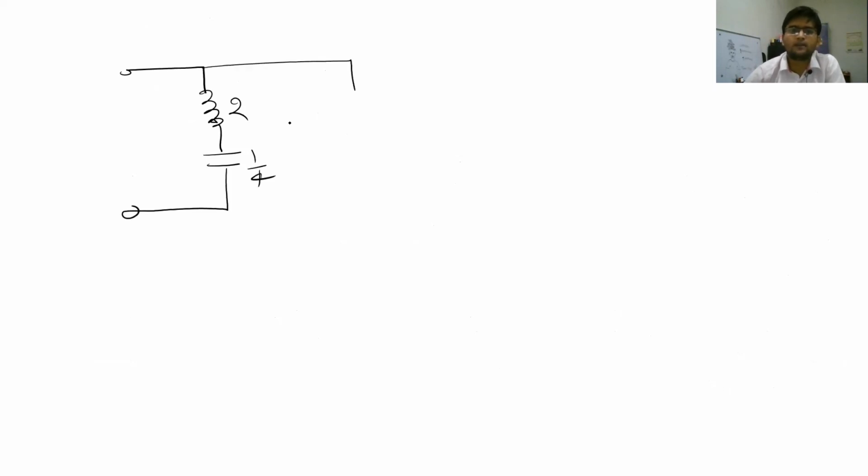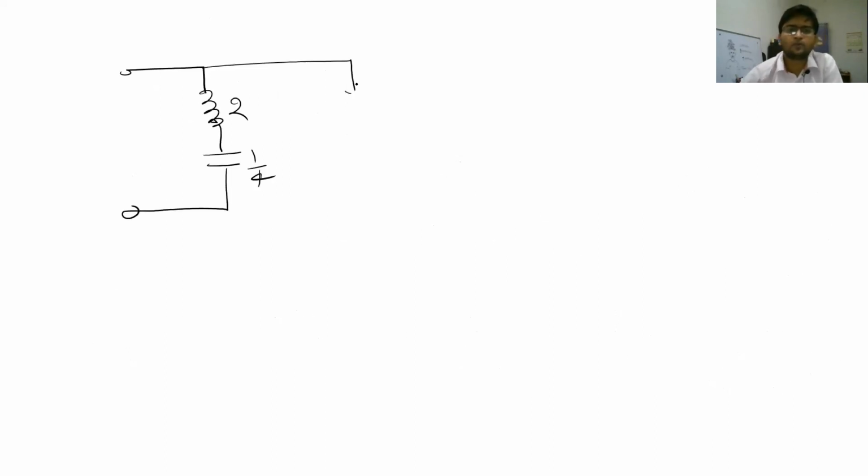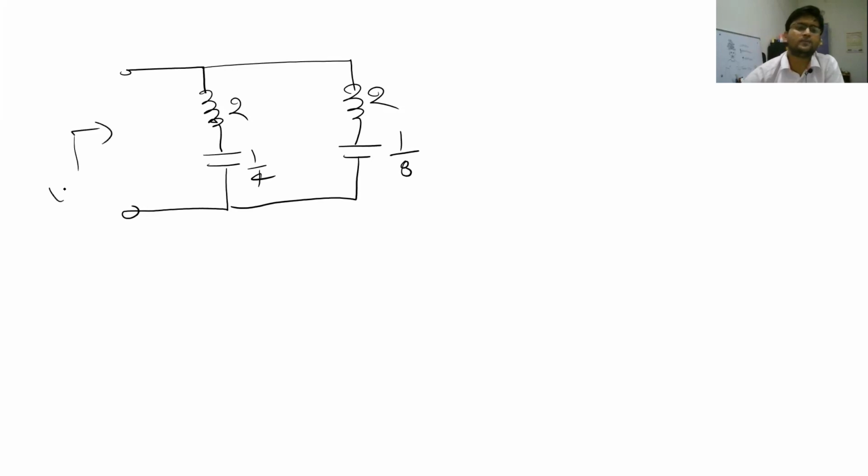And again, the second part will also represent an inductor of 2 Henry and a capacitor of 1 by 8 farad. So it will be like this, 2 Henry and 1 by 8 farad. So this whole thing is representing your driving point admittance function. So this is how you represent your Foster-2.